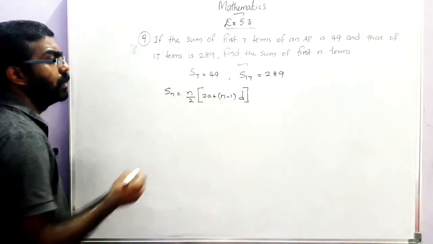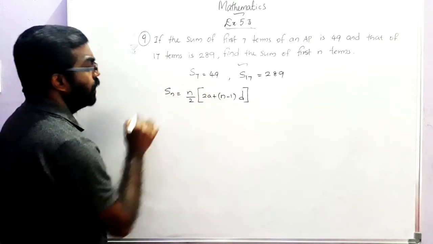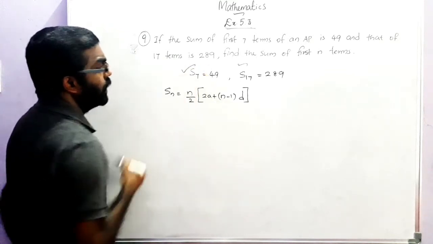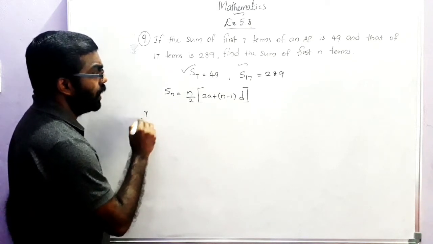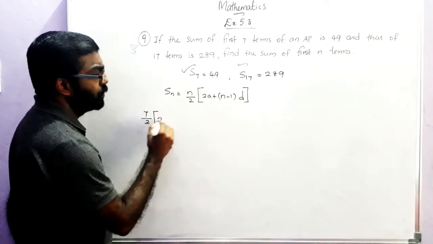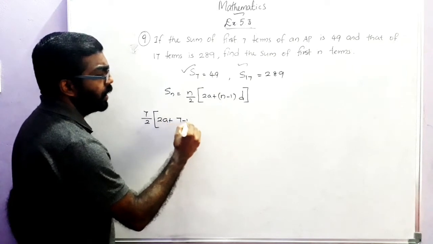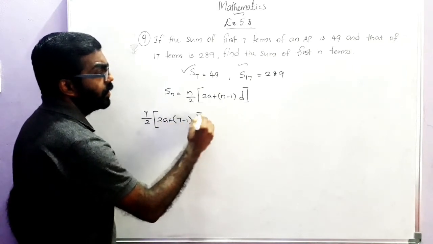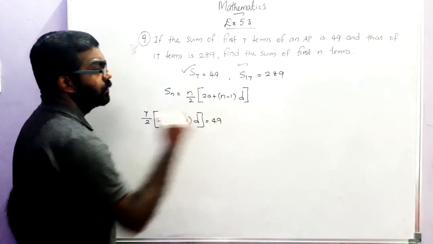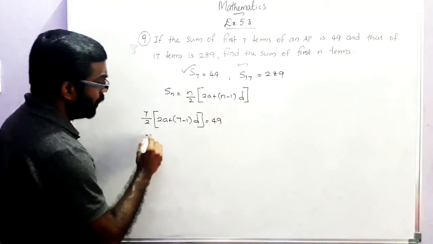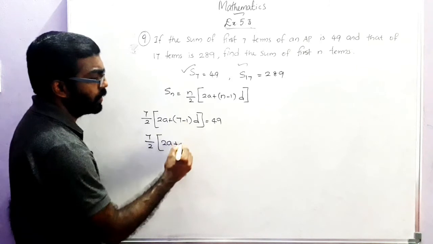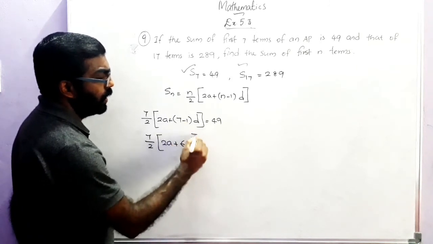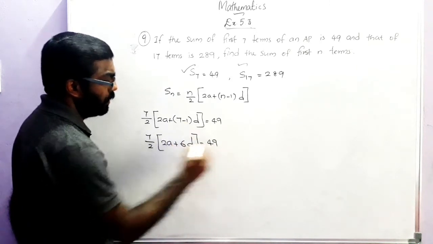Using this we can write from the first one, S7 is 49, so 7 by 2 into 2a plus 7 minus 1 into d, which is equal to 49. That is 7 by 2 into 2a plus 6d is equal to 49.